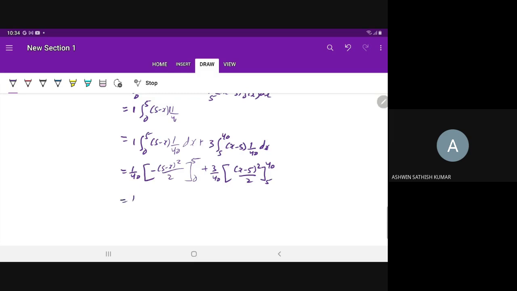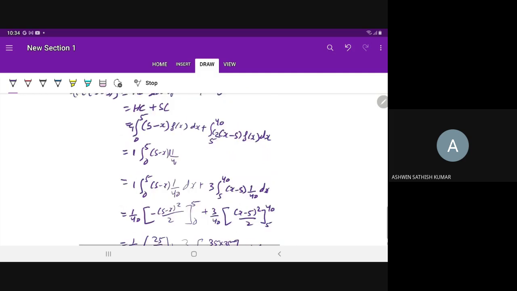So this will give you 1 upon 40 times 25 upon 2 plus 3 upon 40 times 35 into 35 by 2. So it will give you a total of 46.